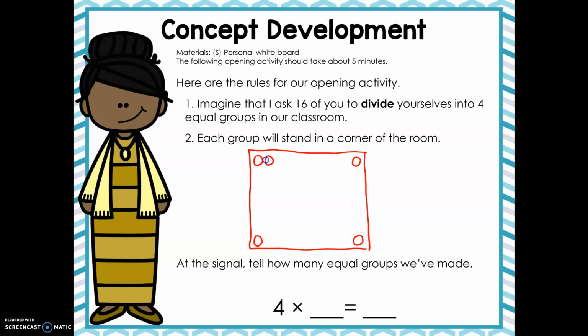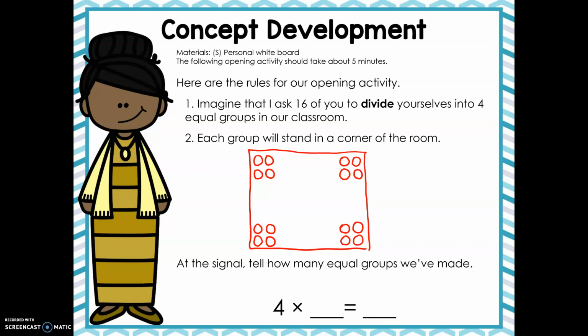So this is 5, 6, 7, 8. Are we done? Nope, we still have to get to 16. 9, 10, 11, 12, still not there, 13, 14, 15, 16. All right, we made it to 16.